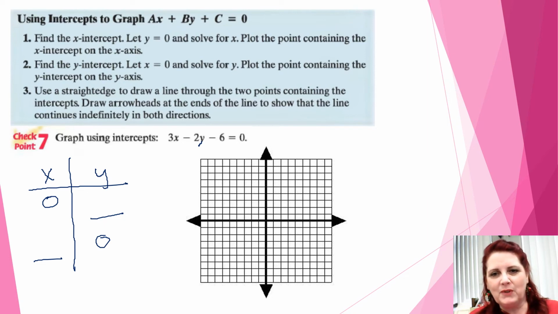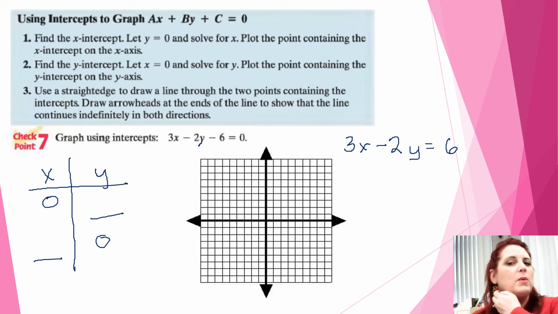So first of all, I want to add 6 to each side. I'm going to have 3x plus 2y. I'm sorry, that's not a plus. That's a minus. Let's fix that. 3x minus 2y is equal to 6. Now, we call this the cover-up method.